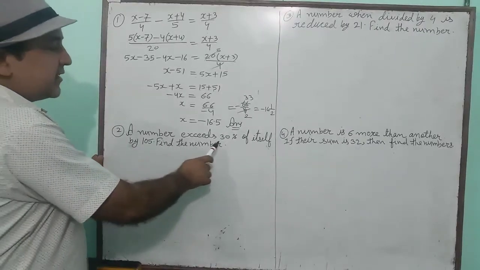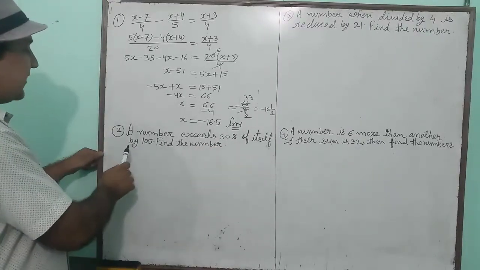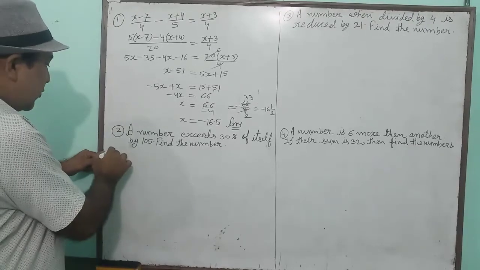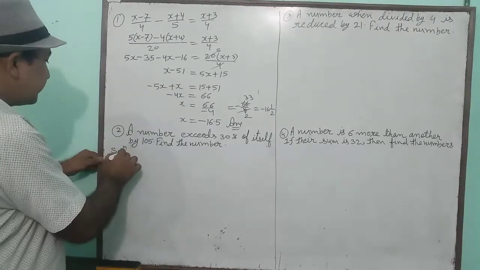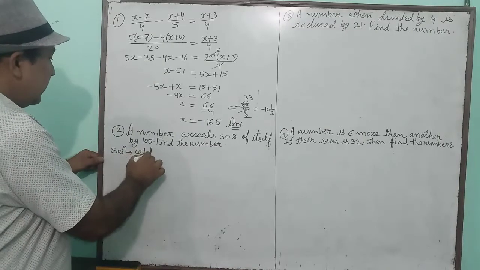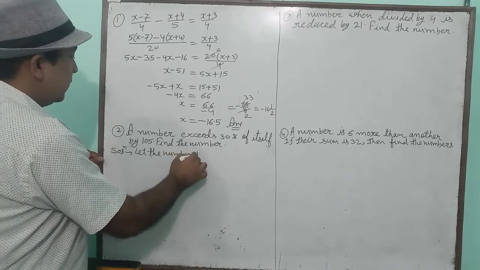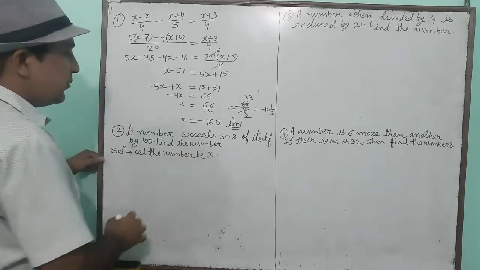A number exceeds 30% of itself by 105. Find the number. So suppose the number be x. Let the number be x.